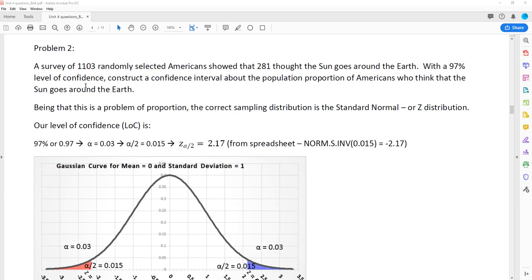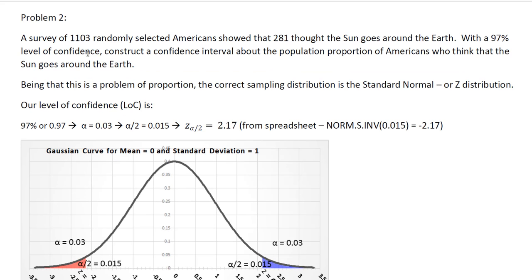Let's take a look at problem number 2. Now that we have the basics, we're going to cover this one a lot faster. A survey of 1,103 randomly selected Americans showed that 281 thought the sun goes around the earth.